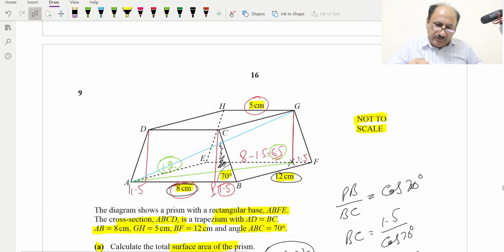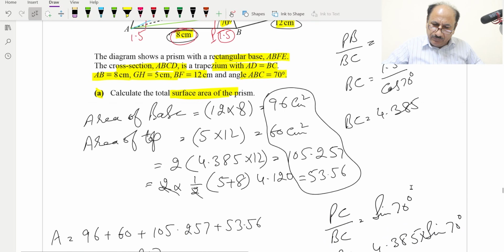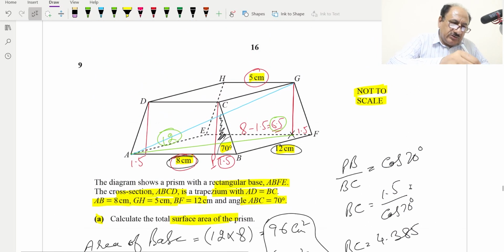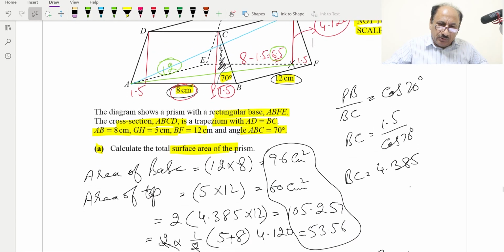So we have calculated this base and we have this height also. PC we calculated over here, PC this one 4.120. So this height is 4.120, which we have calculated earlier, and we have this AX also.